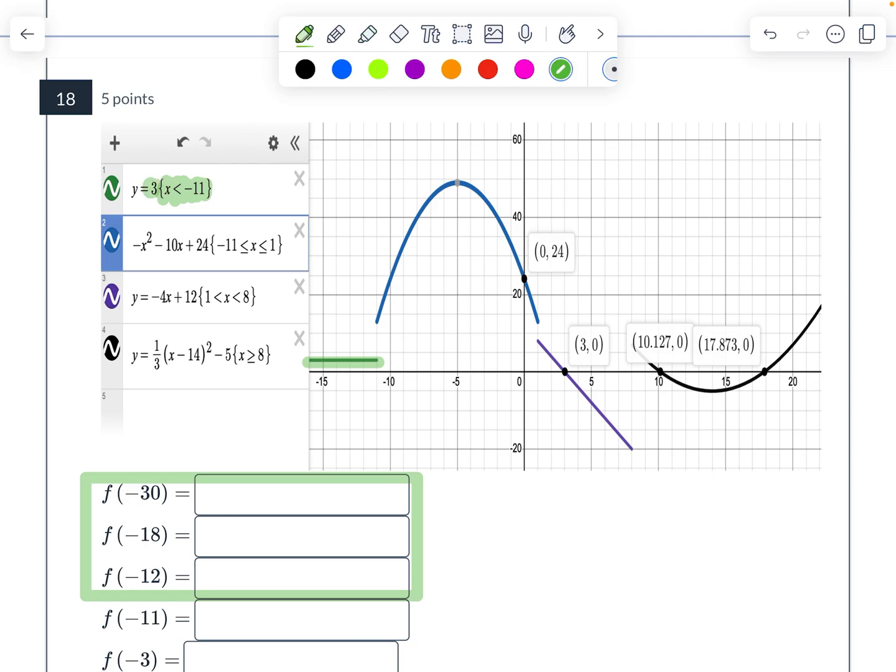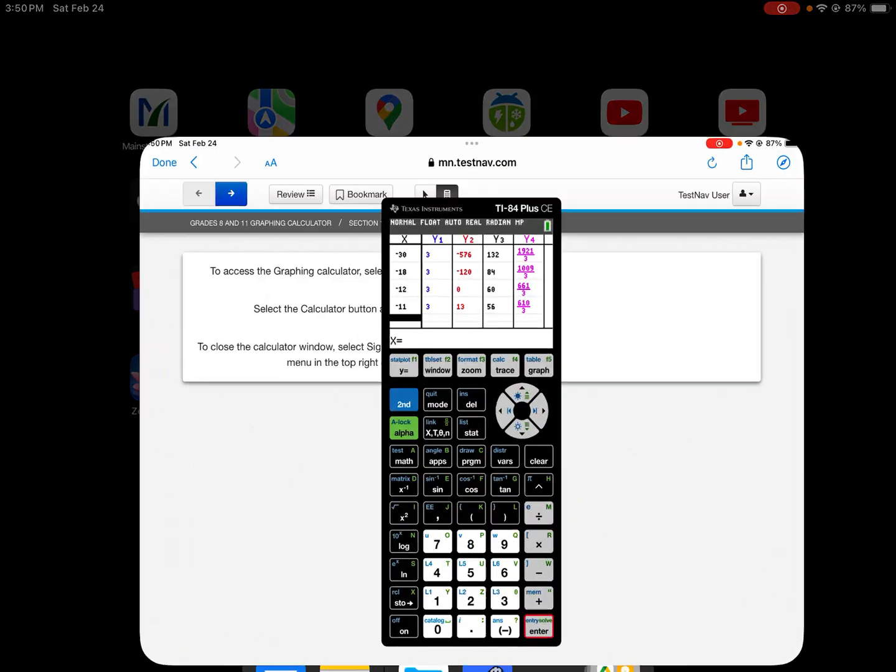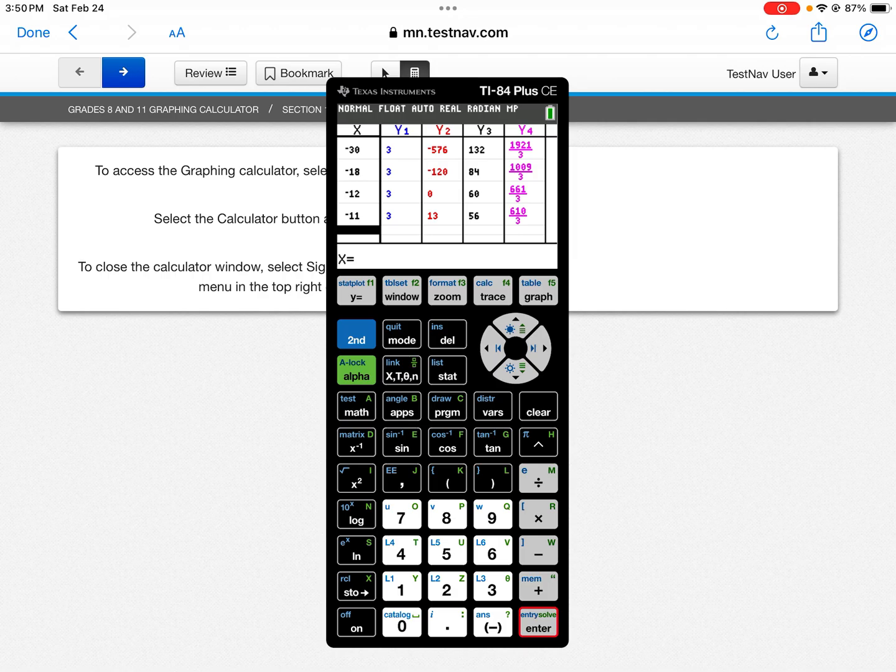So we're going to put 3 here, here, and here. If you look at your calculator, in the Y1 row, the blue row, all the answers are 3, meaning the blue function, no matter what the number is, is always going to be 3. We just use the negative 30, negative 18, and negative 12 because the information says don't use negative 11, it's too big.